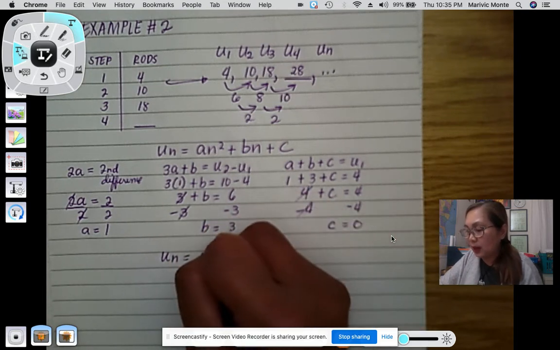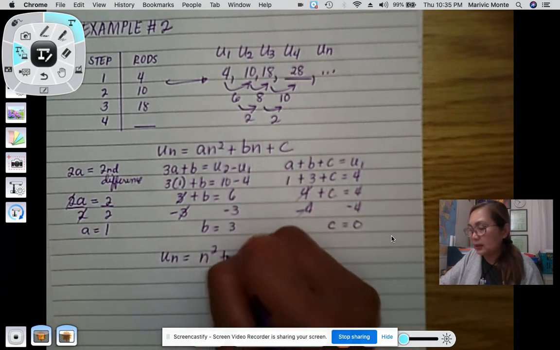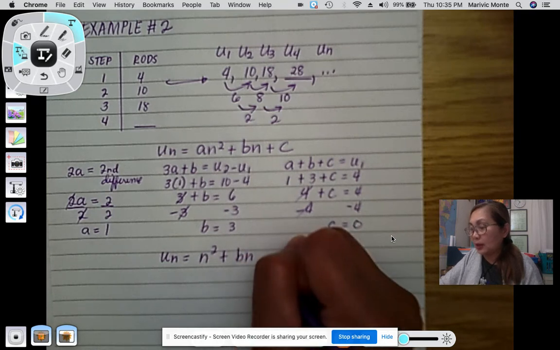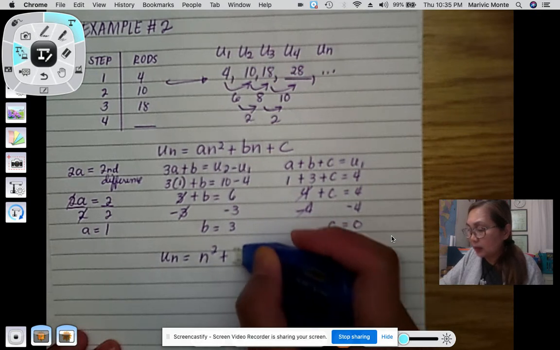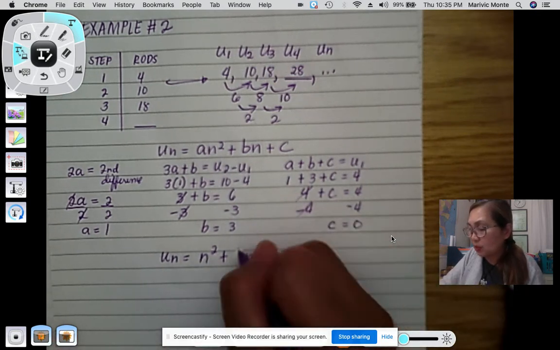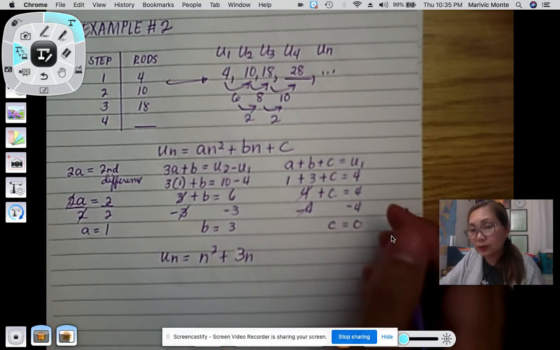So we have n squared plus b times n. I'm writing it down again, so let me remove the b and write down the exact coefficient from here, which is 3. And c equals 0, so we don't have to write it down.